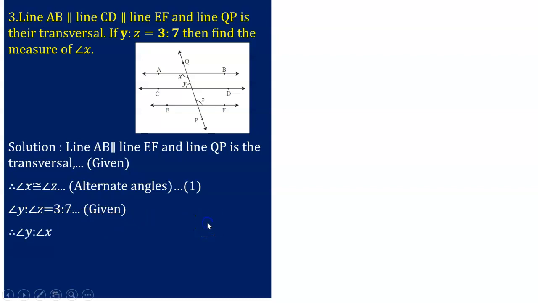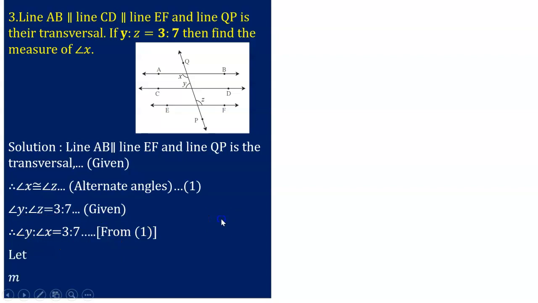And hence here we will replace the measure of angle Z by X because their measures are equal as they are the alternate angles. म्हणून आपण इथे या Z च्या ऐवजी काय लिहितो तर इथे X लिहितो because we are using the interior angle test here. Okay.